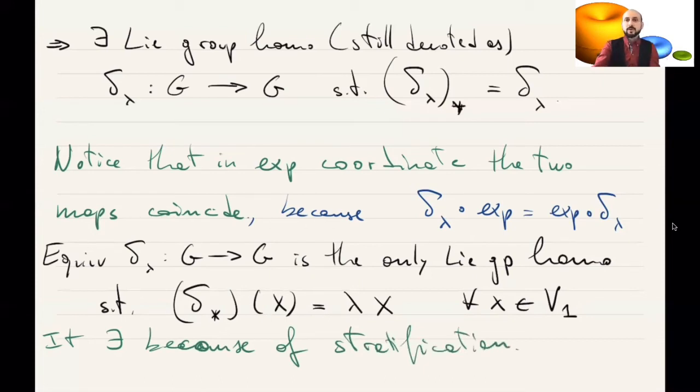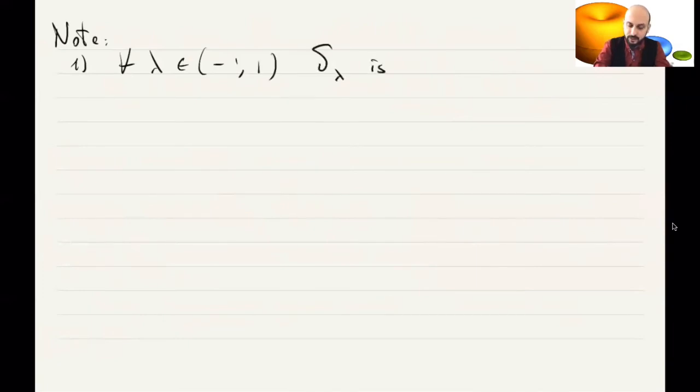All right, so let's see what these maps are doing. So let's note a few things. For all lambda, if we choose it between -1 and 1, then delta lambda is contractive.